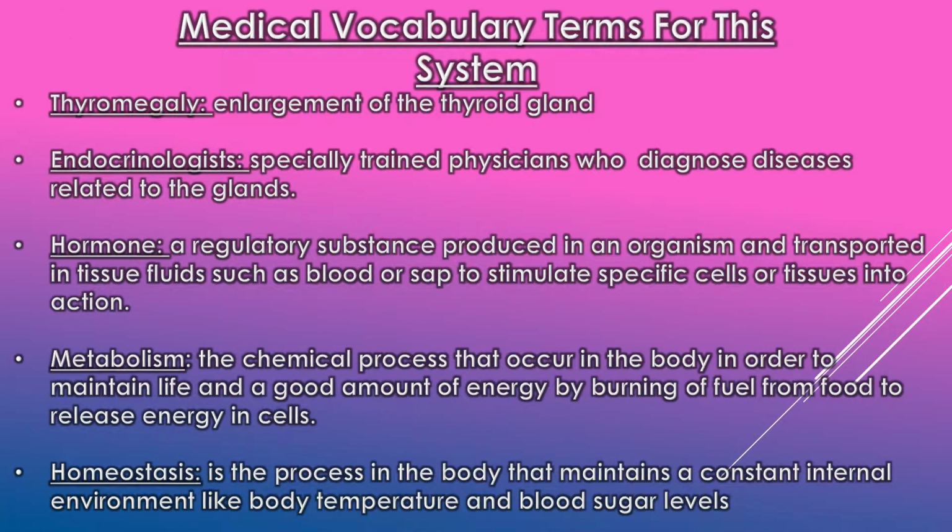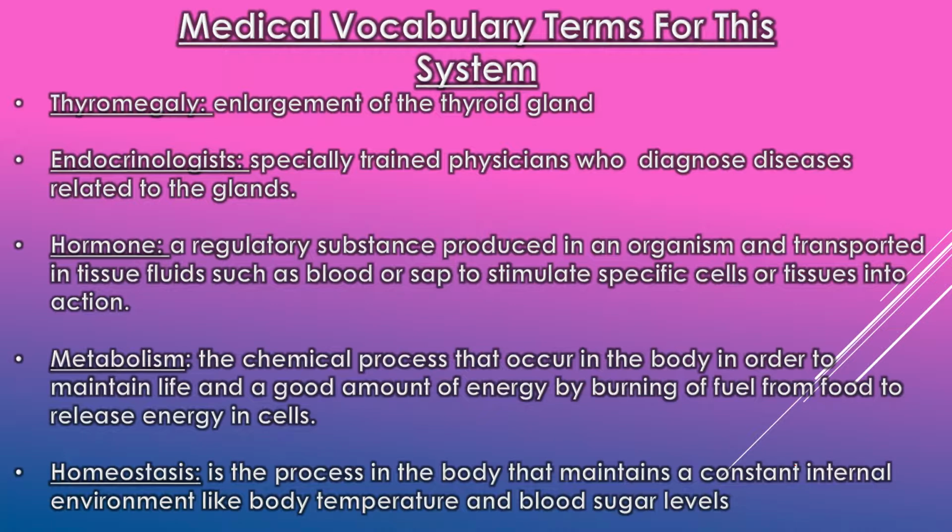Some medical vocabulary terms for this system that are used a lot: thyromegaly, which is the enlargement of the thyroid gland. Endocrinologists are specially trained physicians who diagnose diseases related to the glands and the endocrine system, of course.